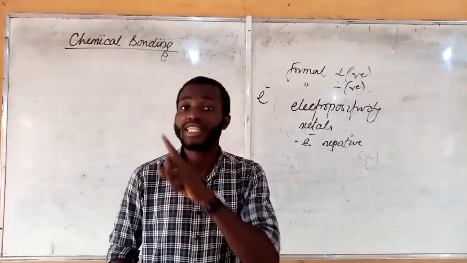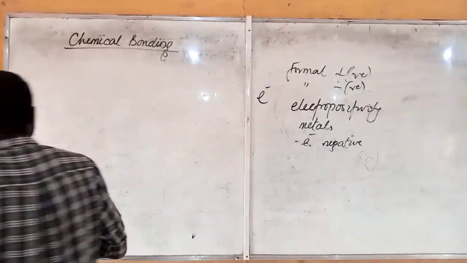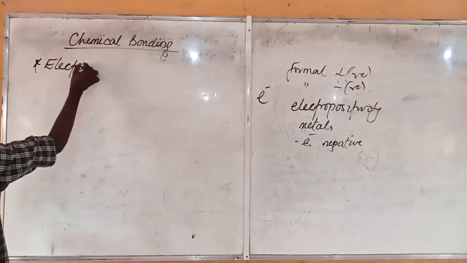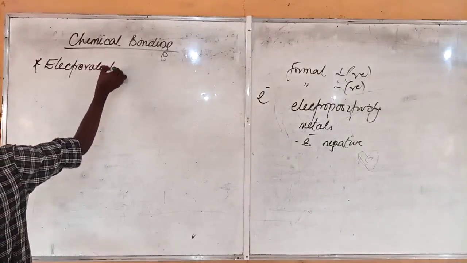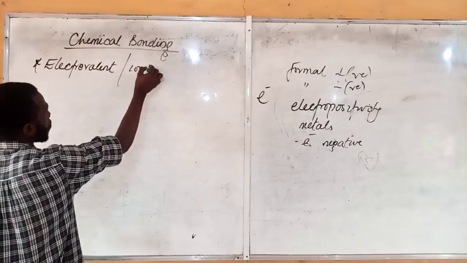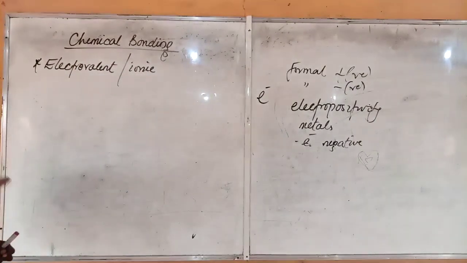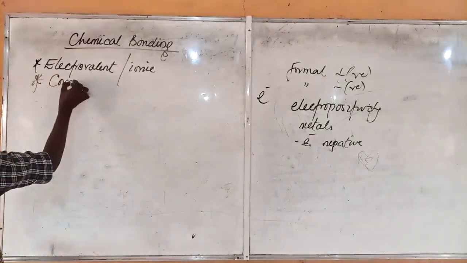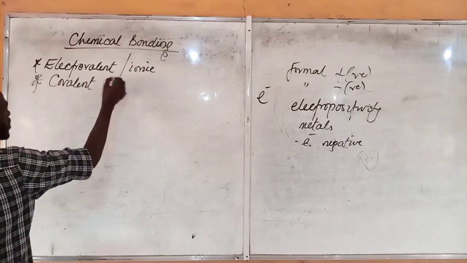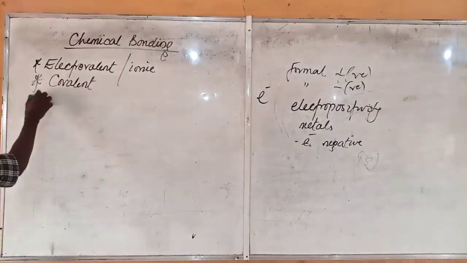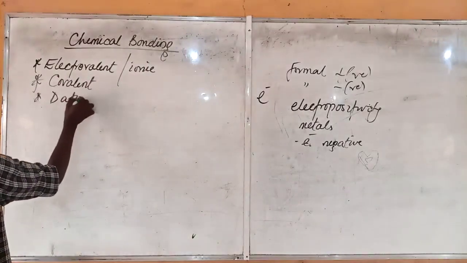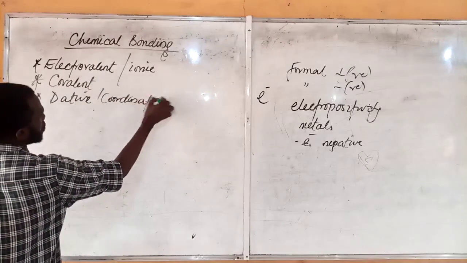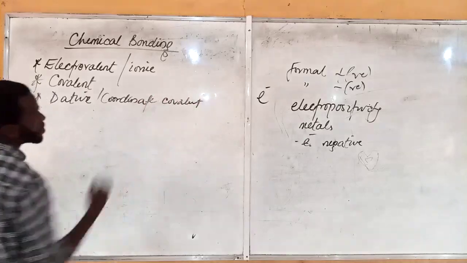Hence, we have the following types of bond. We have what is called electrovalent bonding, or otherwise called the ionic bond. I'm going to explain why it's also called the ionic bond. Now, there is also the second, the covalent bond. Then there is also the dative or the coordinate covalent bond.